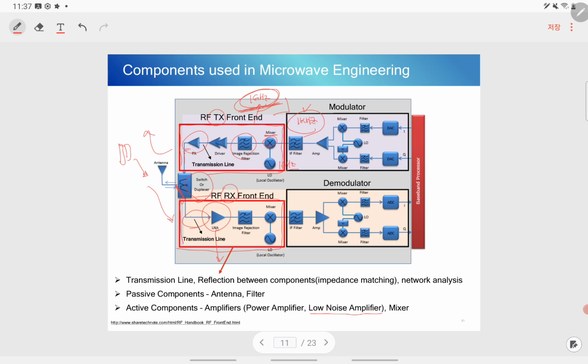Basically we amplify the desired signal, filter out the undesired signal, and then mix to bring the frequency down to 1 kilohertz. So in this region, we are dealing with a 1 gigahertz signal, right?